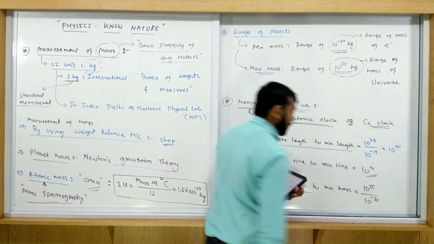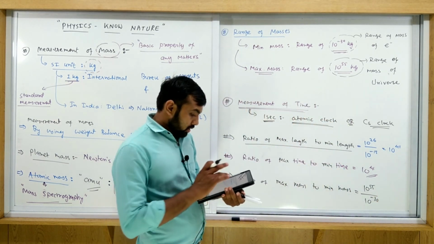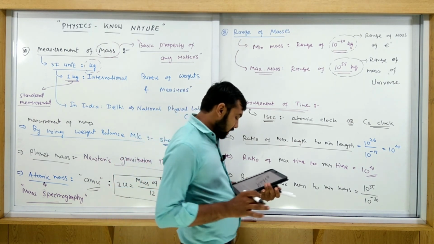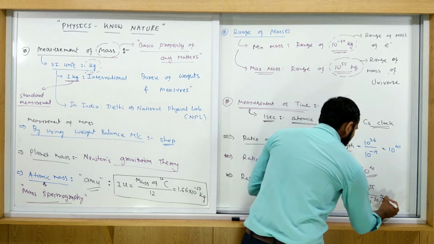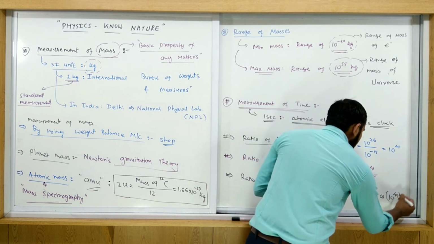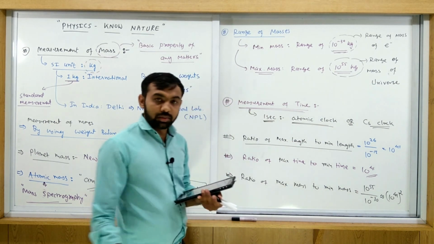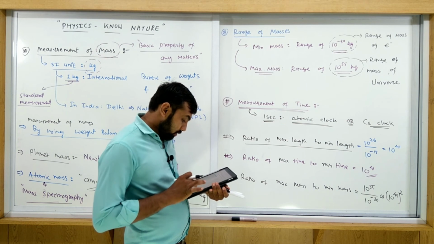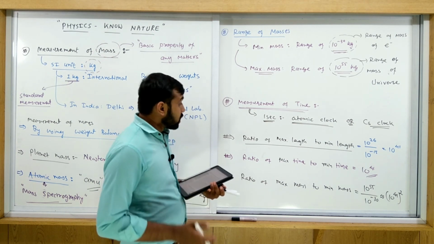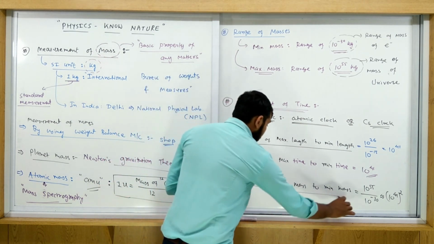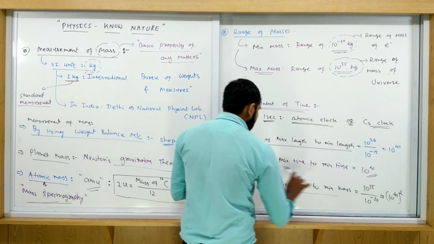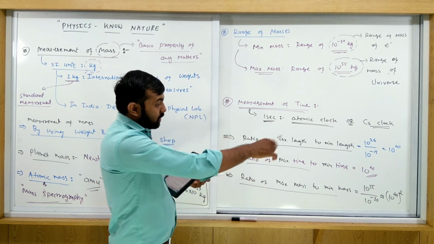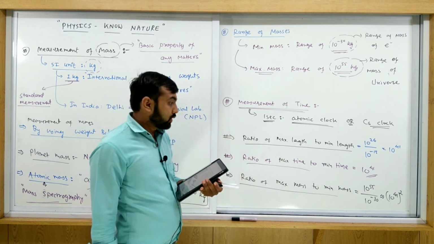Then this answer is approximately in the range of 10 raised to 41 raised to 2. So all these ratios are approximately 10 raised to 41, 10 raised to 41, and 10 raised to 41 raised to 2.